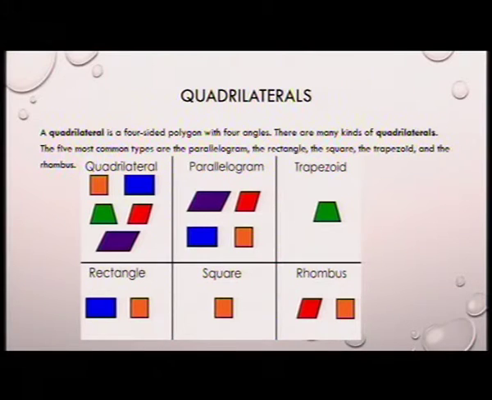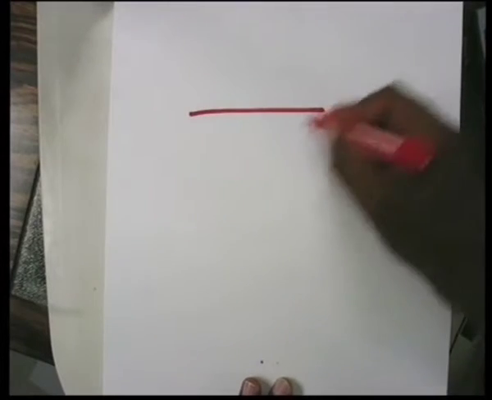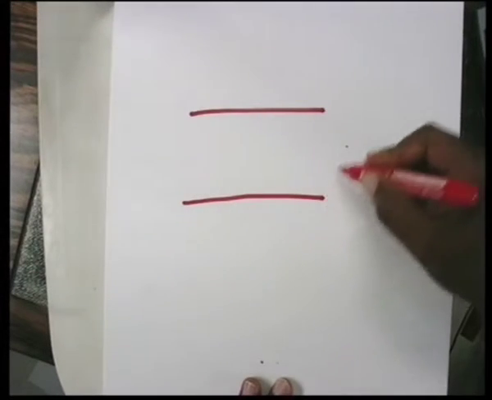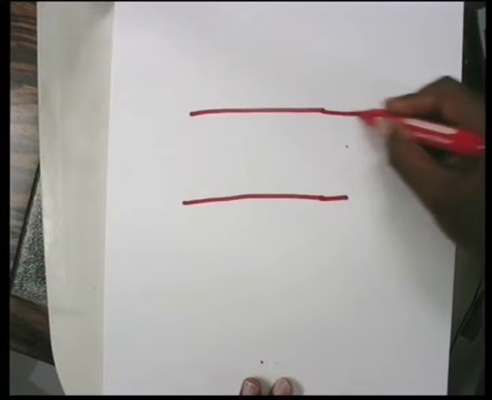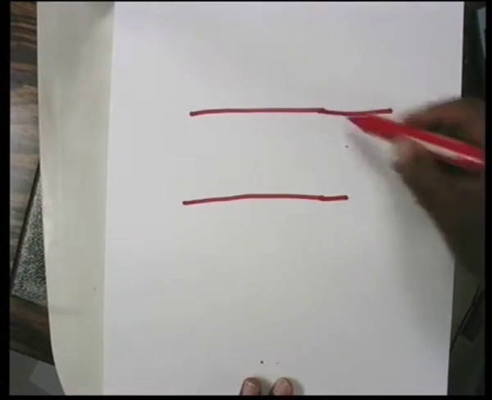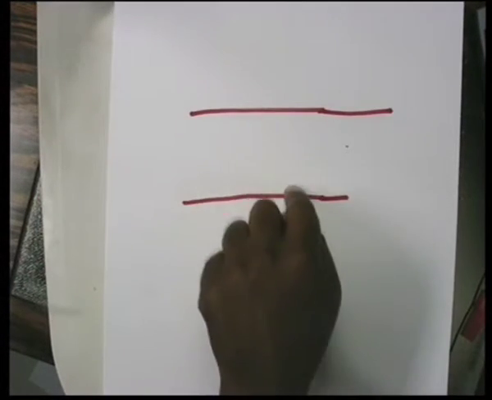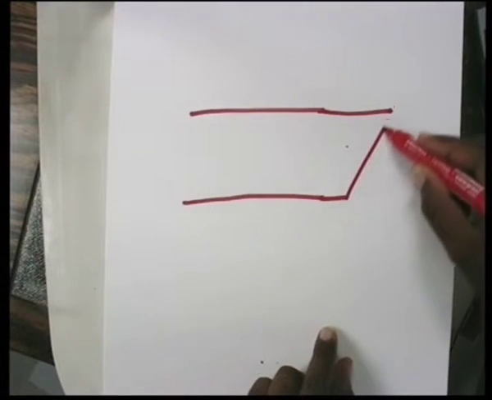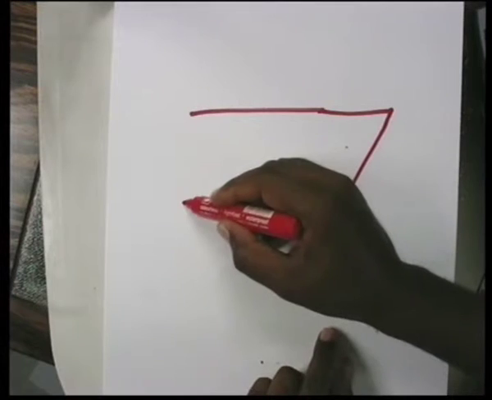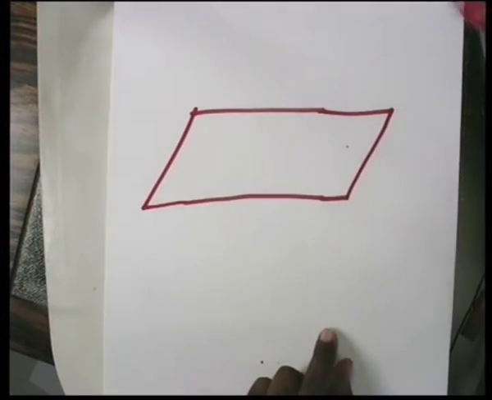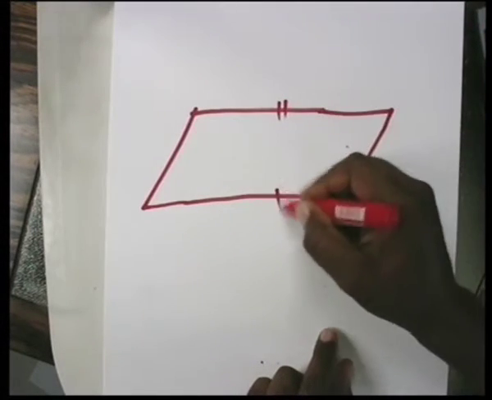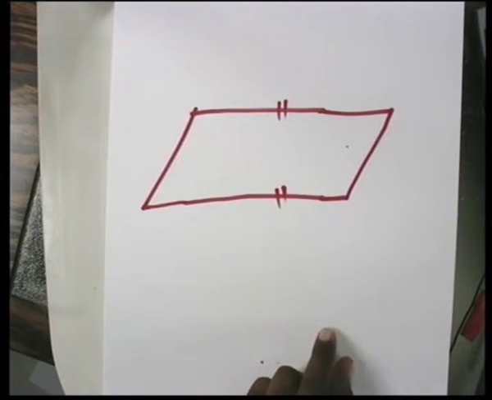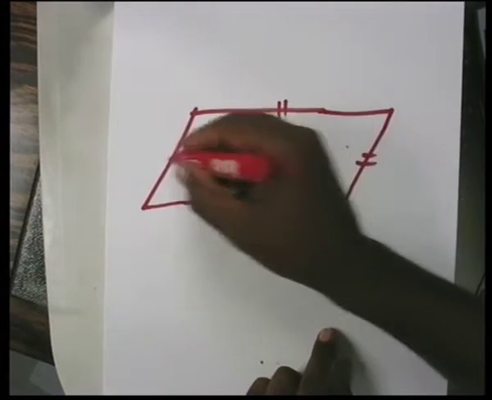Now, usually when you are talking about a parallelogram, one of the major properties of a parallelogram is that there are two sides, for example, and these two sides usually are parallel to one another and equal. So if you have this one here, you will notice that these two sides are parallel, and these two sides are also parallel.